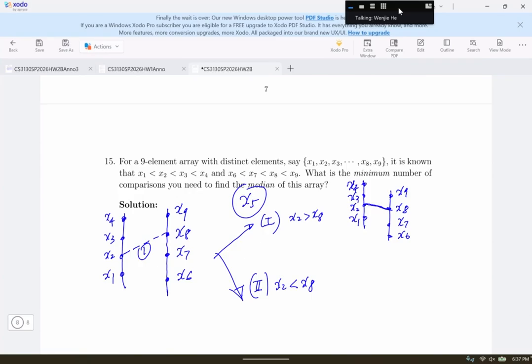Elimination first. You can see X3, X4 can be eliminated. X3, X4 greater than X1, X2, then the other side, X6, X7, X8. 5 elements, right?